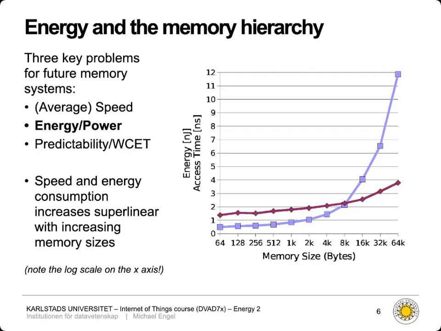But take care when reading such diagrams, because it's always important to look at the scales on the axes. So this is a bit mean because it has a logarithmic scale on the x-axis and a linear scale on the y-axis. So maybe it's not as bad as it looks. Try to figure out with your background in mathematics what the relationship of memory size to energy consumption actually is.